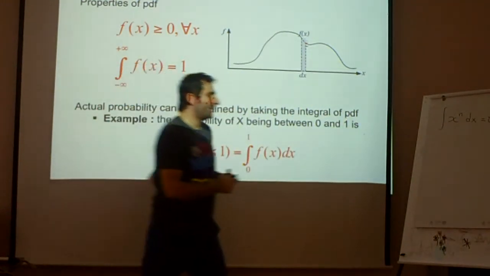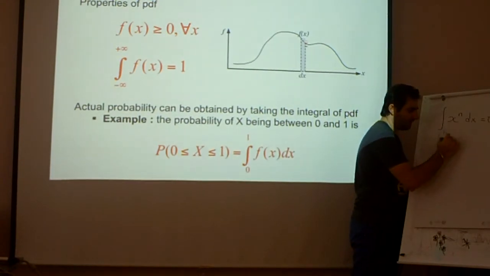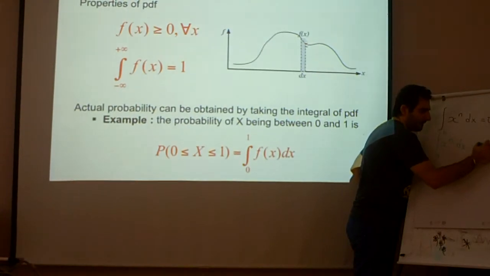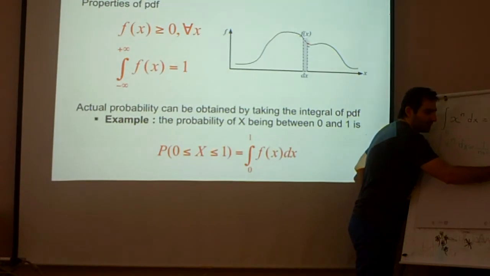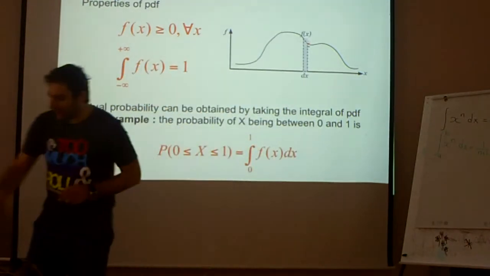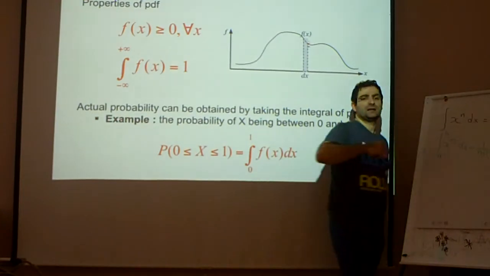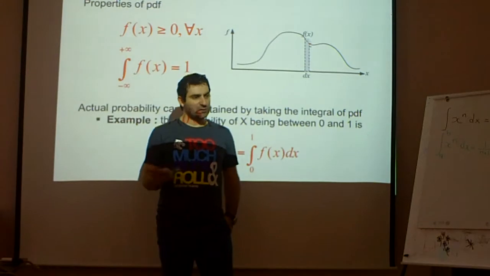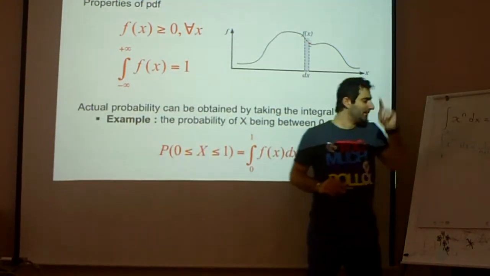And if we have it from A to B, you just substitute A and B. You don't need to put the constant C. In the exam, if you are doing something symbolic and you forgot this C, although in a calculus course they will cut points from you, here it's not a calculus course, so it doesn't matter, because usually we have the boundaries and this constant will always be cancelled.